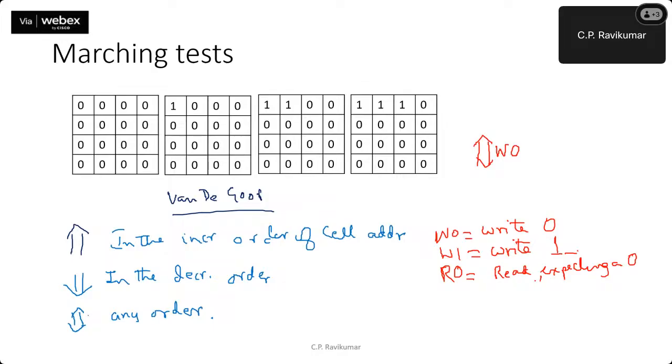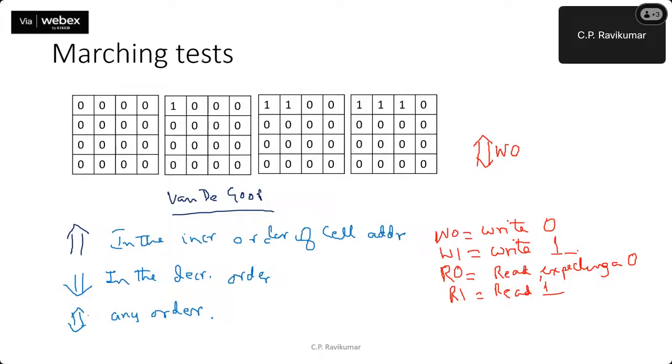If it is not, then we have to note down that there is a fault. Similarly, some people simply say read 1. We don't have to write read expecting a 0, we can just say read 0.